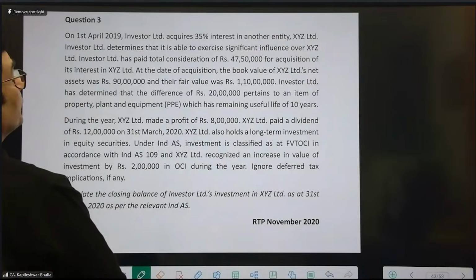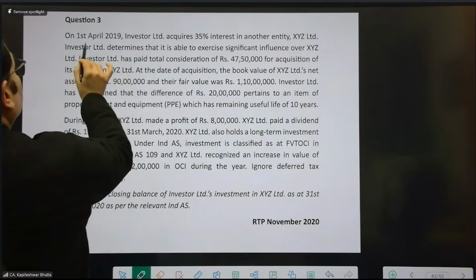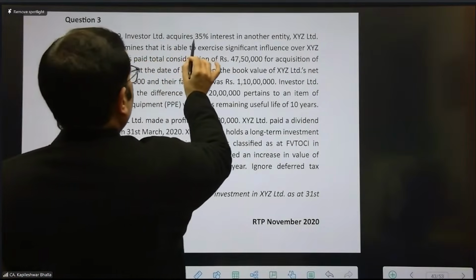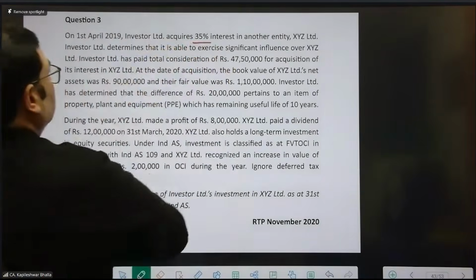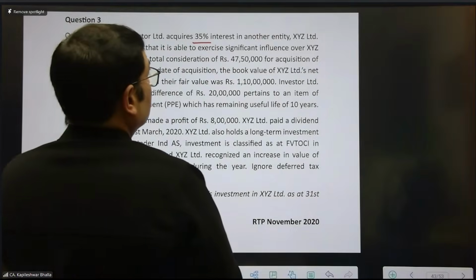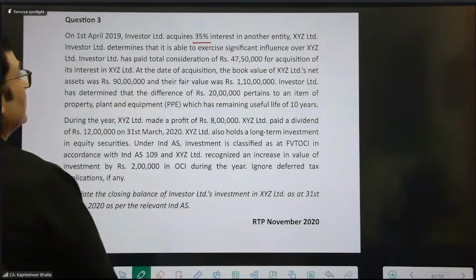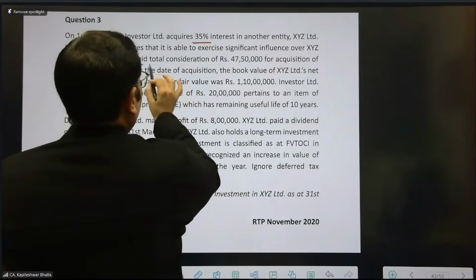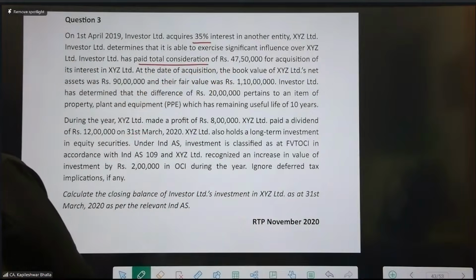I think this time I'll take your help. It says on 1st April, investor acquires 35% interest in another entity, and the investor determines that it is able to exercise significant influence over XYZ, and he paid a total consideration of 4750.